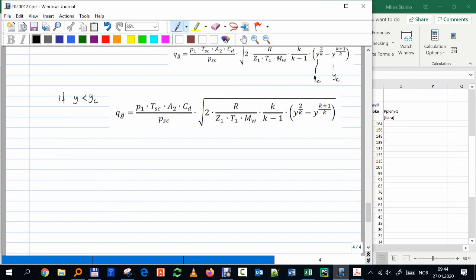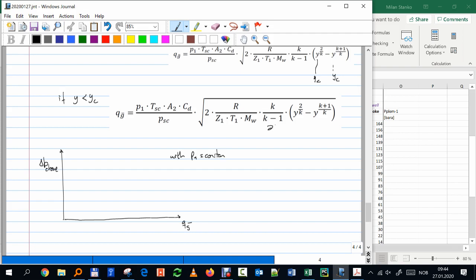Okay, and graphically, maybe the equations don't mean much to you, but I want to plot delta P of the choke versus Qg, with P1 constant.